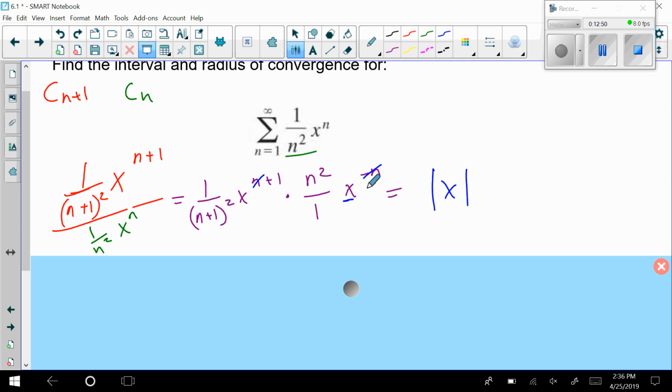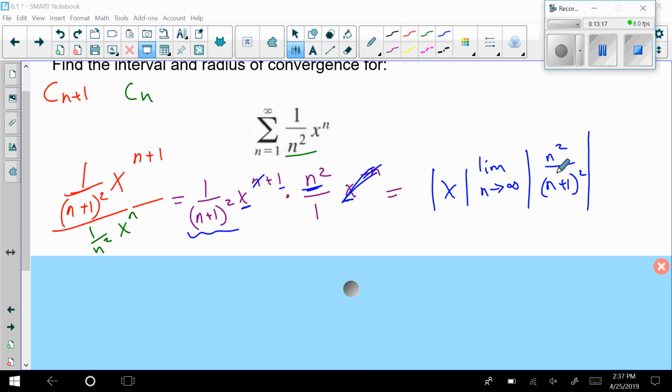So I just have x left, because of this 1. Then it's the limit as n goes to infinity of the c stuff. The c sub n stuff is n squared on top, and on the bottom I have (n plus 1) squared.